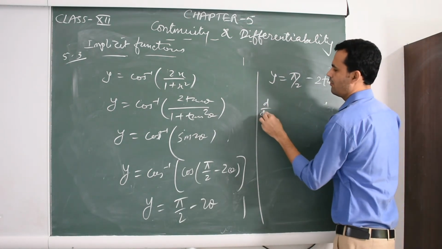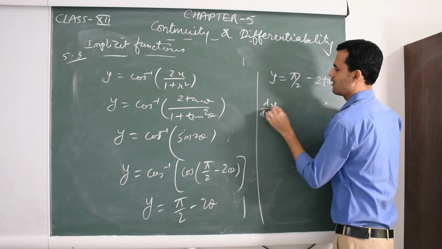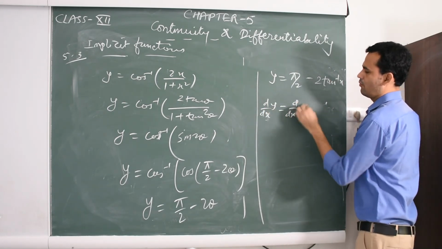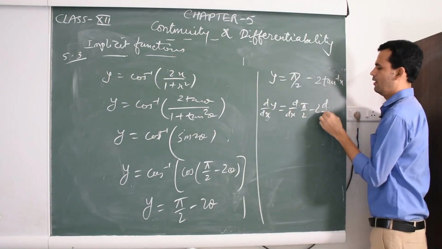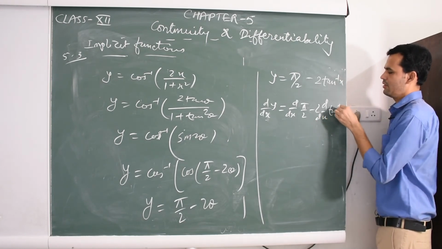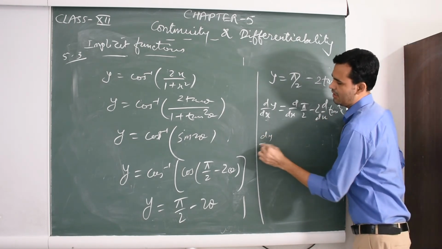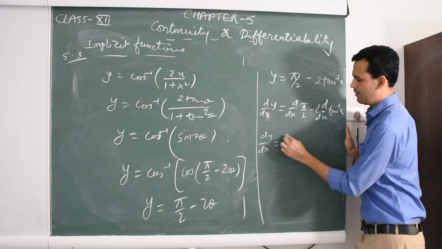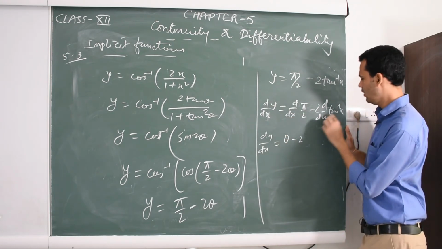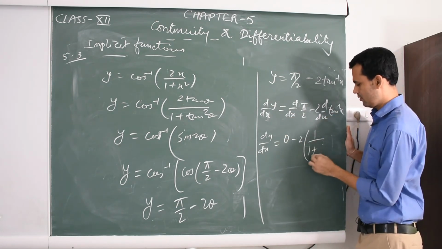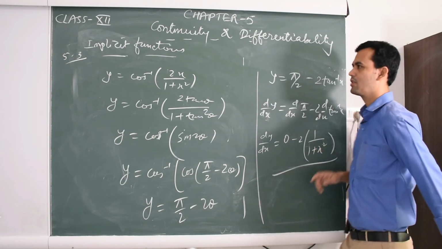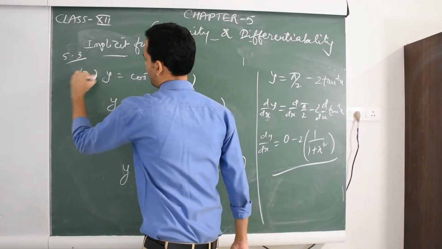Now differentiate: dy by dx of pi by 2 minus 2 dy by dx of tan inverse x. dy by dx equals the derivative of pi by 2 is 0, minus 2 times the derivative of tan inverse x, which is 1 upon 1 plus x square. So this is question number 13.